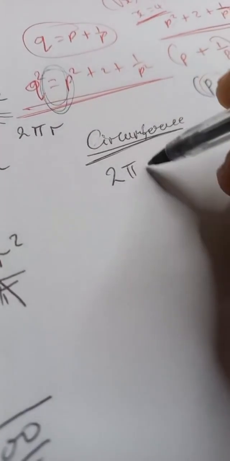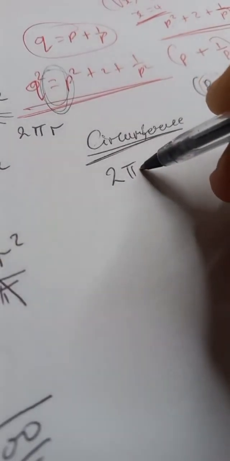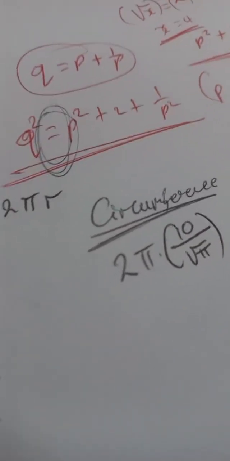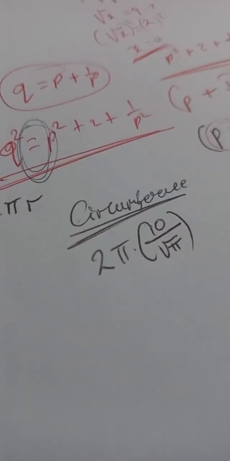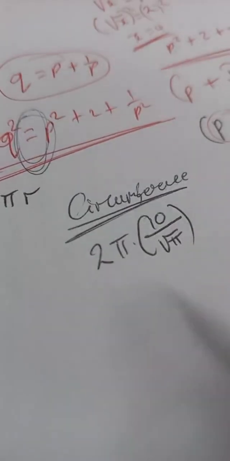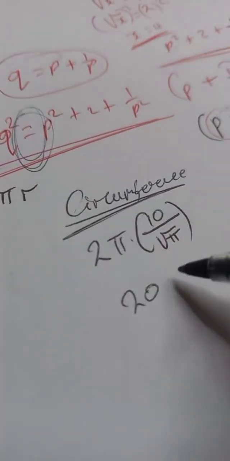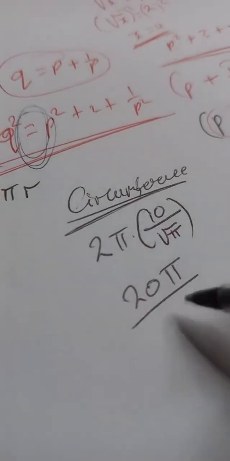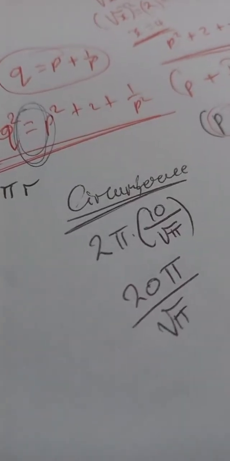So it's going to be 2 pi, the radius. We must replace the r with 10, open bracket, 10 over square root of pi, like this. We are multiplying here. So what do we do now? Remember, this is multiplying. It's going to be 20 pi over square root of pi.